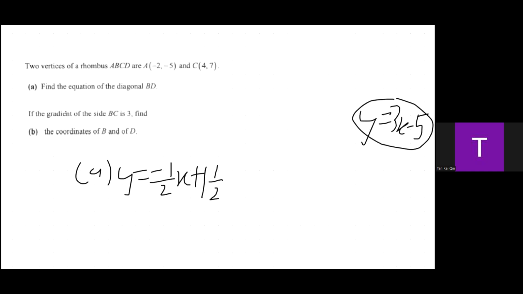Now since we have the line equations of these two lines, they both intersect at the coordinates of B. Since we know that these two lines intersect, we can find the coordinates of B, the point of intersection of the two lines, by substituting 3x minus 5 for y, since these two equal y. So 3x minus 5 equals negative 1 over 2x plus 1 with 1 over 2.